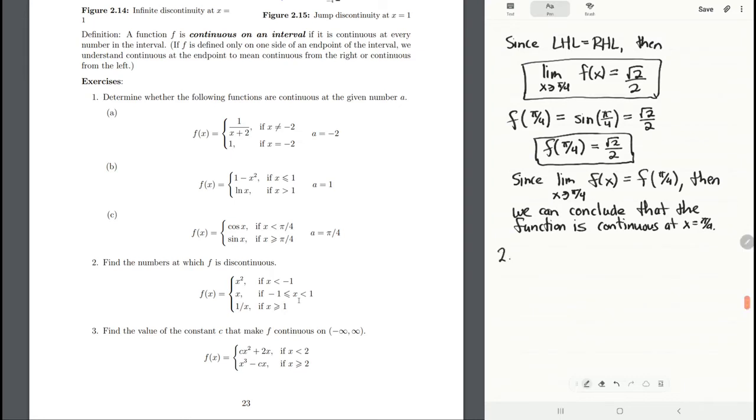So what we'll note is that each piecewise defined function is continuous in each of their respective domains.